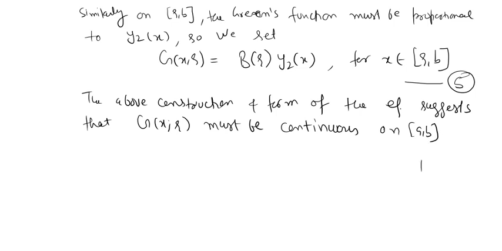It is continuous from a to xi by construction, open interval, and from xi to b as well. The only point you need to check is xi, but if you plug into the given equation and everything is continuous, then the Green's function is also continuous on the full interval AB. So there is no discontinuity, and in particular it is continuous at x = xi.